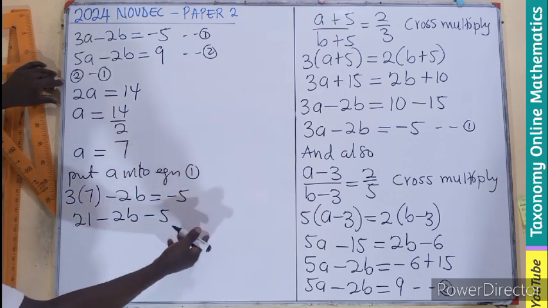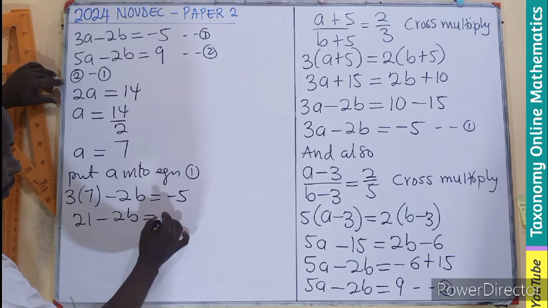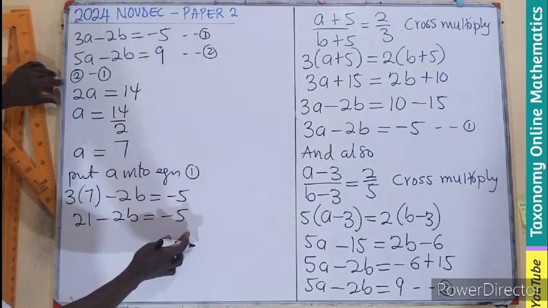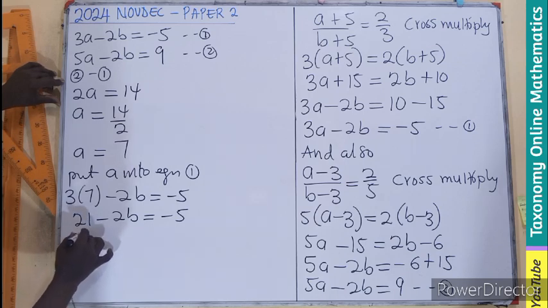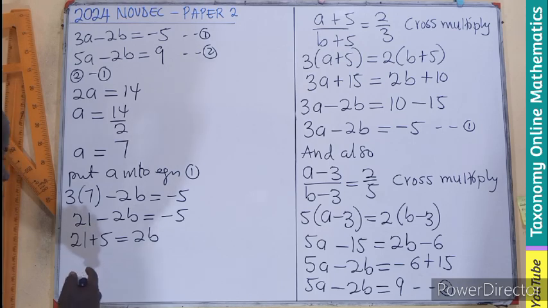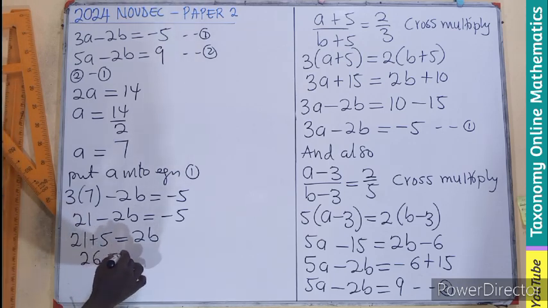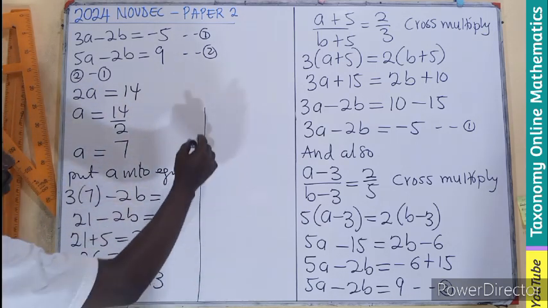Since we are looking for b, let's send it to the other side to become positive, and negative 5 becomes positive there. So 21 plus 5 equals 2b. That will be 26 equals 2b. So we divide both sides by 2, making 26 divided by 2 equals 13.